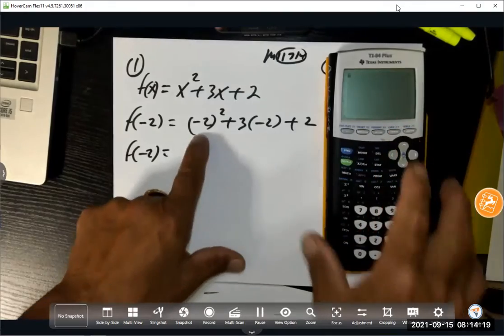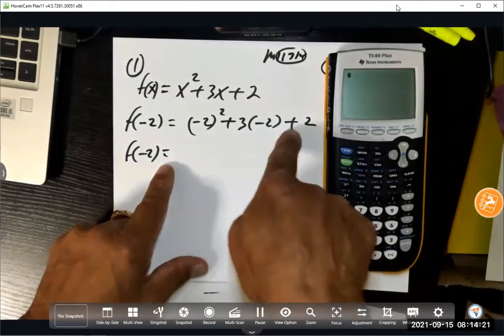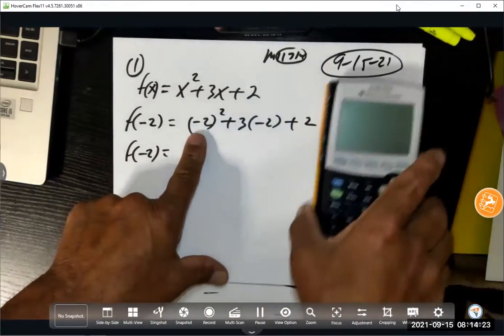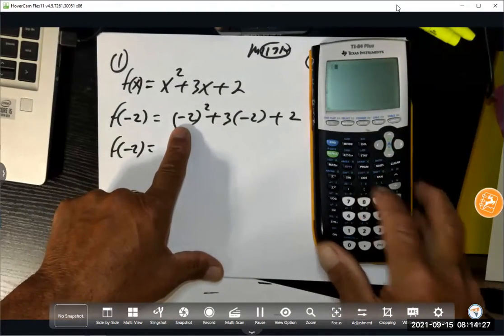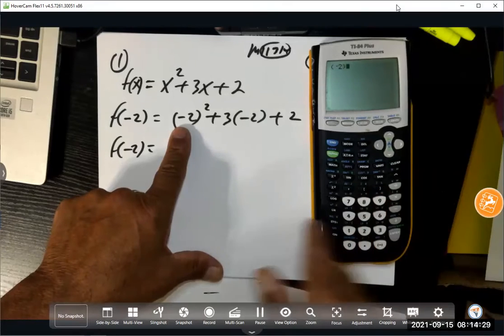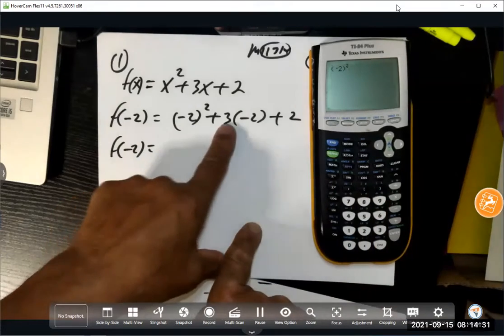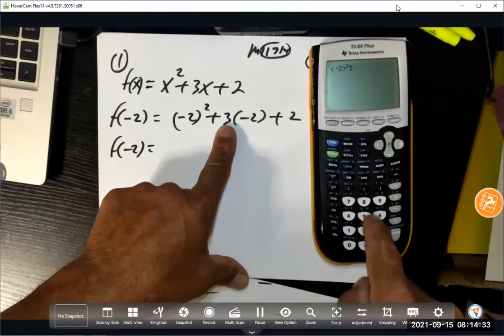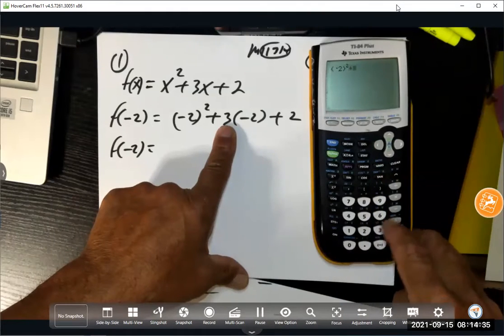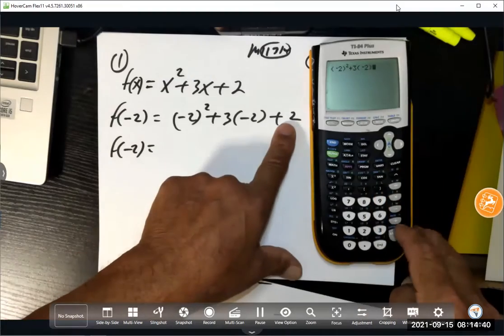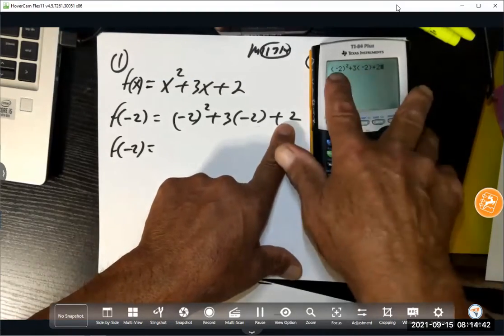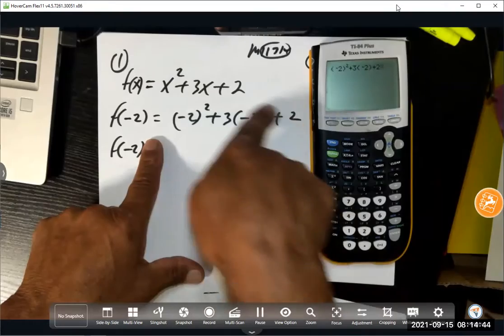All right, so you're gonna put it in there just like this. So you're gonna put parentheses, negative 2, close it, squared, plus 3, parentheses, negative 2, close it, plus 2. All right, so this is gonna look like this.